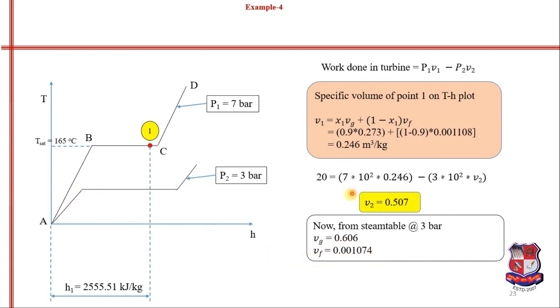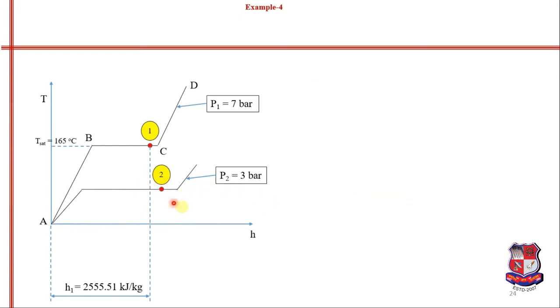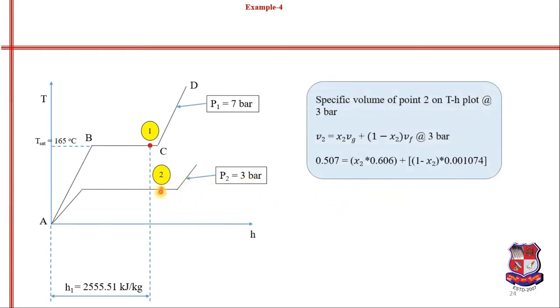And what we are getting, the specific volume of point number 2 is 0.502, which is in between these values. So now we know that our steam is in the wet region after expansion. So now we can use the equation of specific volume of point 2 at 3 bar pressure.